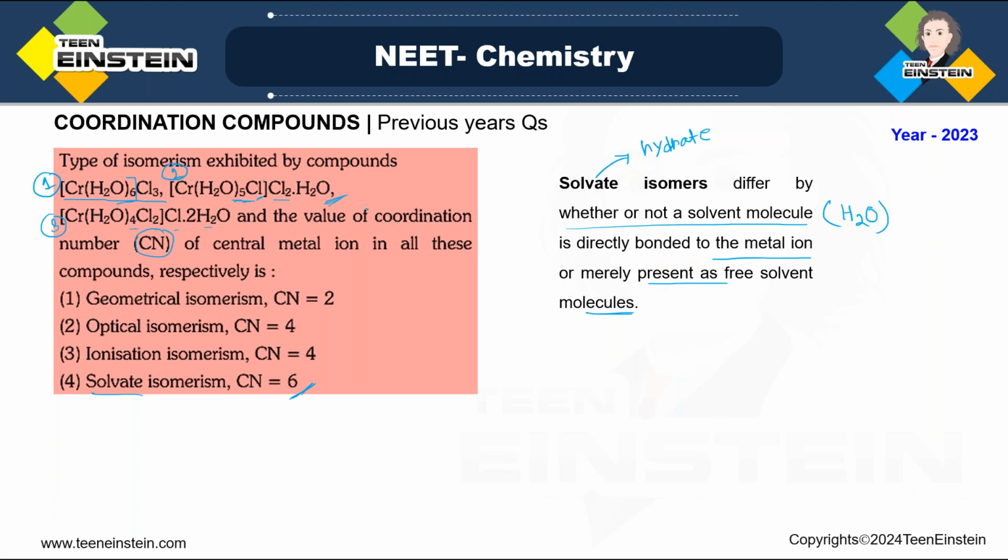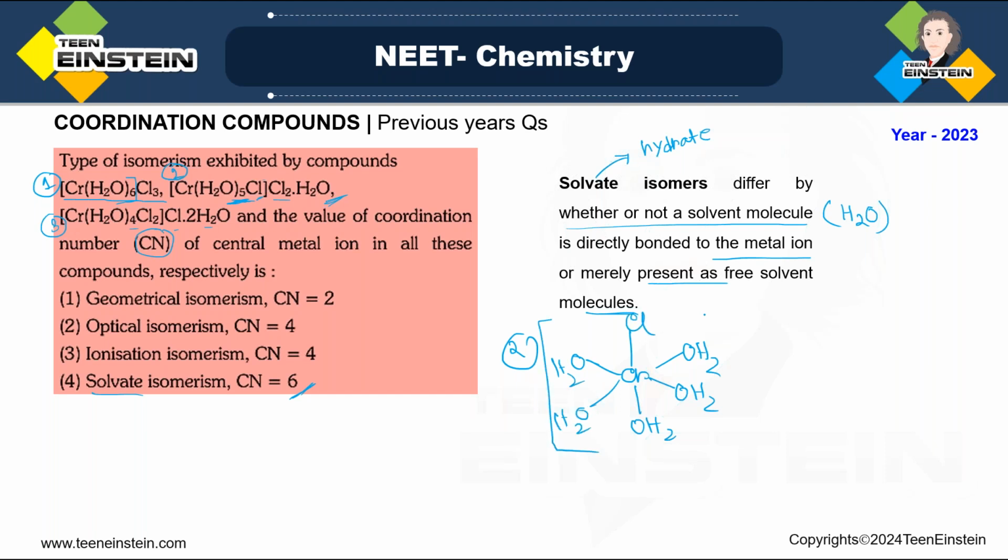But in the second complex, 1 water molecule is outside. So these 5 water molecules are directly bonded, but 1 water molecule is not directly bonded. So if I consider the second complex, it will be like this. Total 6 coordination number. So I will write total 5 water molecules here, 2 more, 1 chloride.